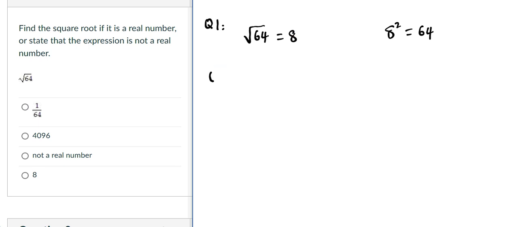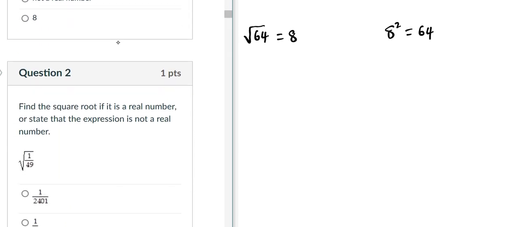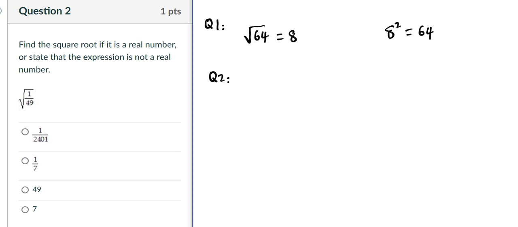Question 2. Here, we have a radical 1 over 49. Taking the square root, that's radical 1 over radical 49.